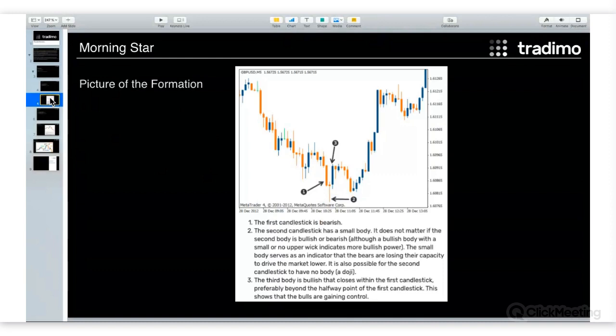So what you can see here, especially these 3 candles here, this is a morning star formation. The first candlestick, this one, is a bearish one. And you can see here in the recent history, we have a very clear downtrend. Then this bearish candle shows up, followed by a candle like a doji or a hammer or a star formation.